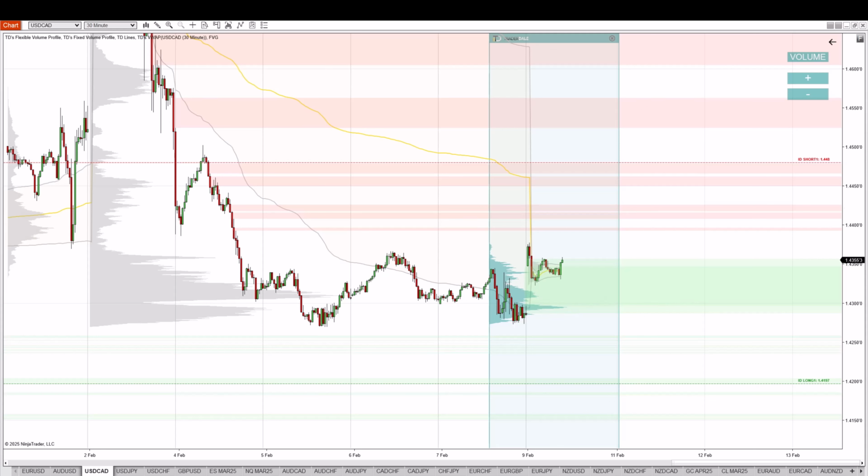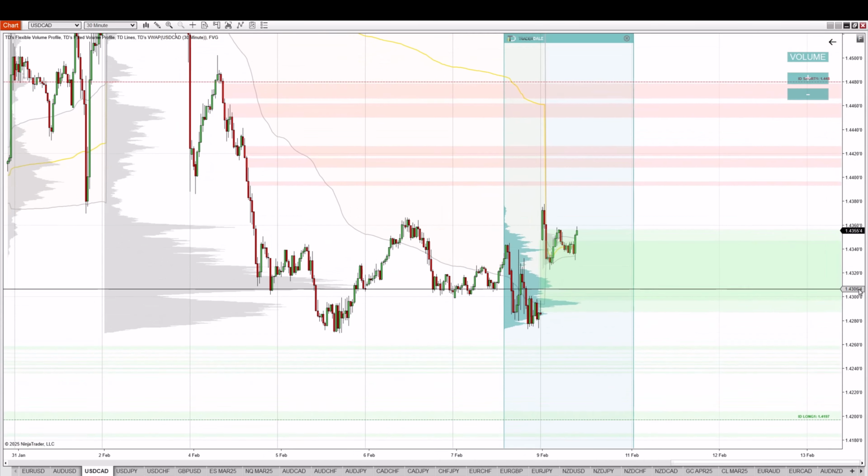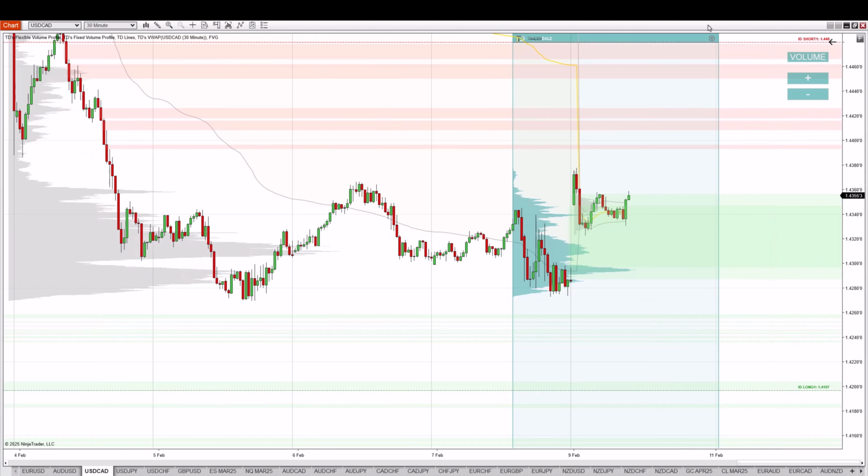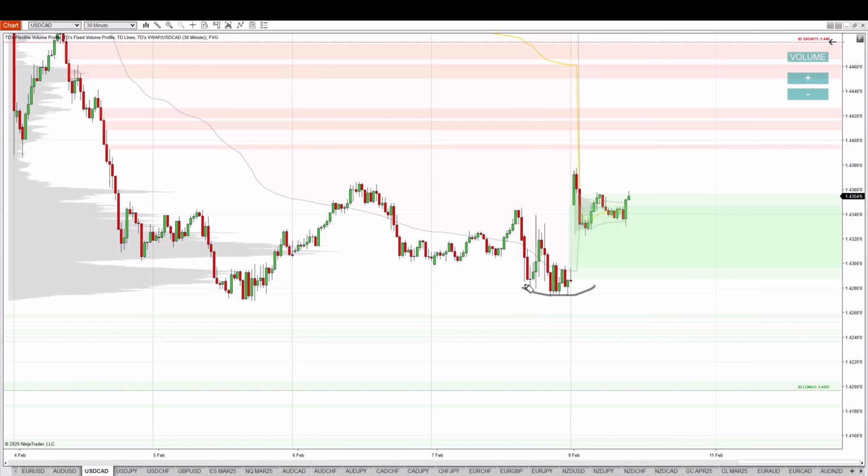In this case, this trade looks a little bit more risky to me. Let me zoom this in and show you. The reason being is that this is a very weak low, right? And the price likes to test those weak lows, right?